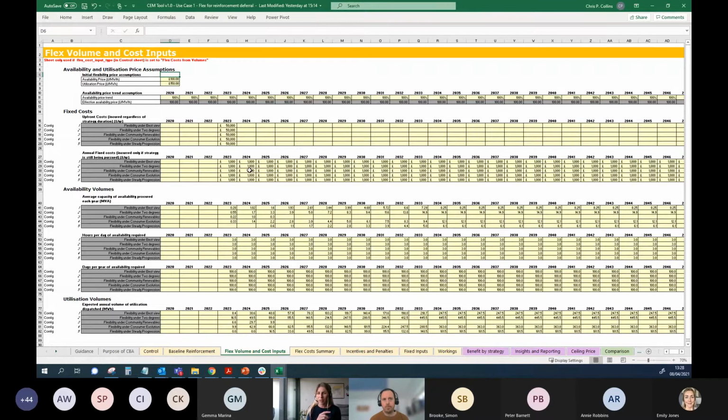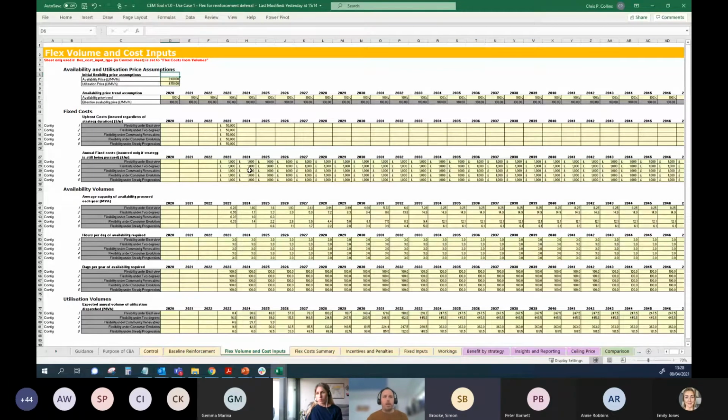It might be your distribution FES, which might mean different things across the different DNOs, but it allows you as the individual DNO to set which scenario assumptions you're using. Okay, back to you, Chris.